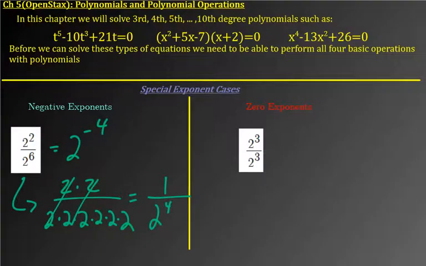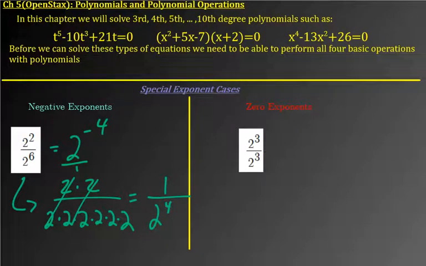If there's a negative down here, it means it actually lives on the top. If there's a negative up here, because this is like over 1, then it's just saying that it lives on the bottom of a fraction. It's honestly just a lazy math tool to say this thing is on the bottom of a fraction. These two things are the same. So the 4 is still the same old 4. The negative just does a different thing. The negative acts as a flipping mechanism between the side of the fraction it's on.